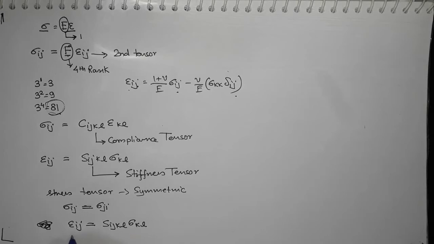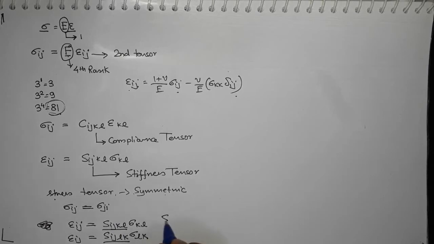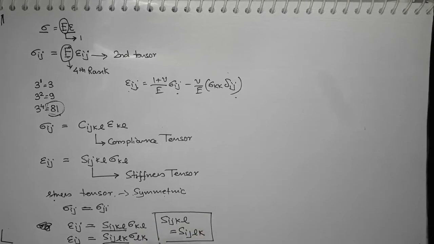And we can also write epsilon ij is equal to Sijlk sigma lk, because we know that sigma kl is equal to sigma lk because of the symmetry of the stress tensor, right? So if this is true, then this must be equal to this. Therefore Sijkl must be equal to Sijlk, right?